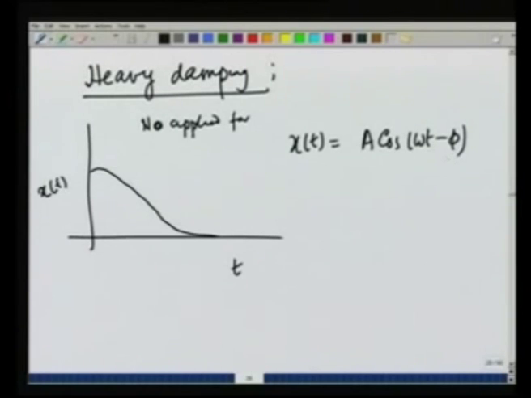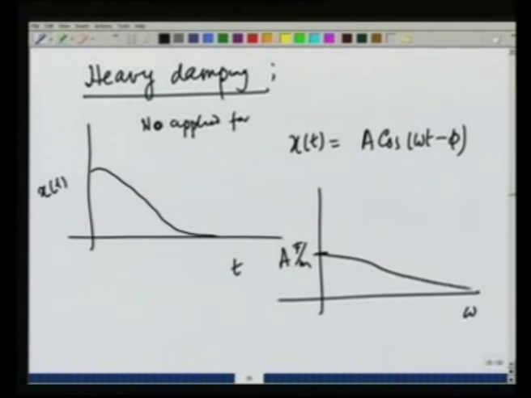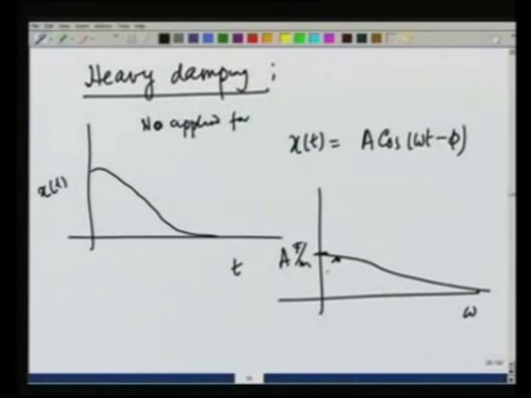However, when the damping is heavy, then if I were to plot the amplitude versus omega, it has no maximum, it starts with f over k and just decays. So, for low frequencies, the oscillator oscillates with large amplitude, always less than f over k, and then for larger frequencies the amplitude becomes less and less.